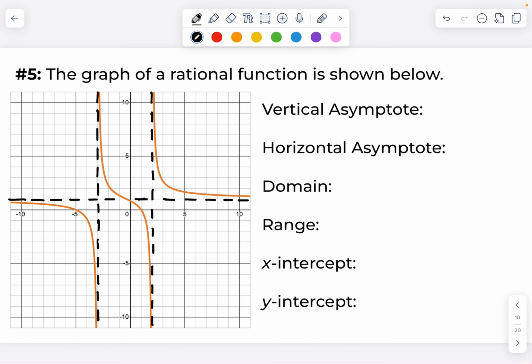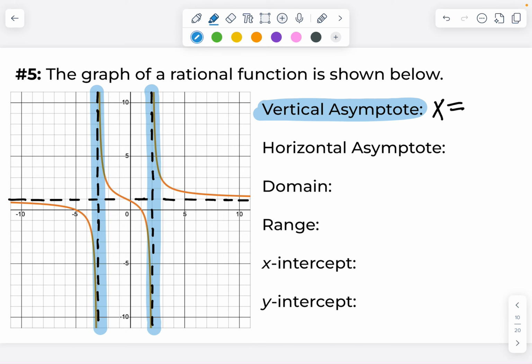So remember, vertical asymptotes are written like we do vertical lines. So we're going to start with x equals, okay, and then we have to figure out what x values do I have issues. And notice I've got issues for my vertical asymptote right here at -3, and then I've also got an issue here at +2.